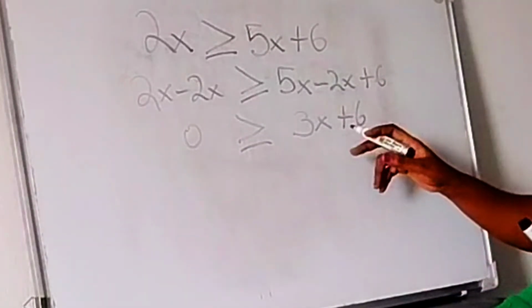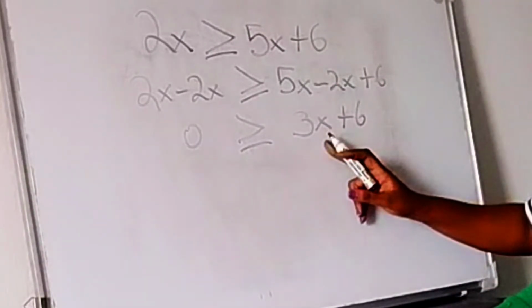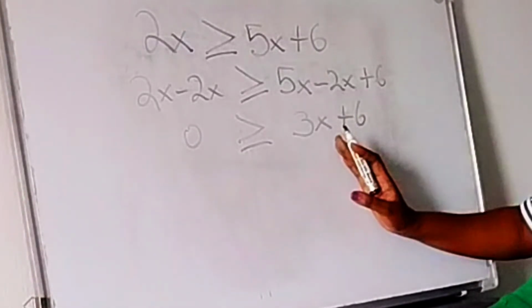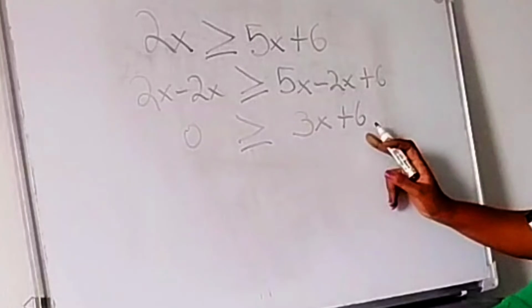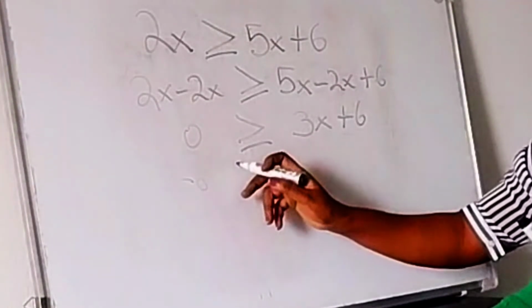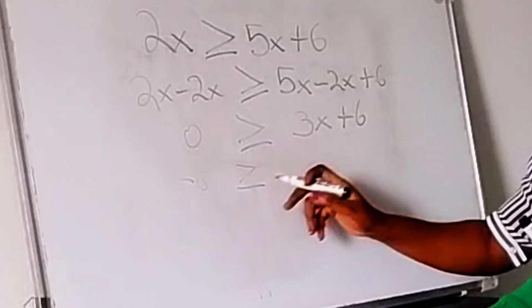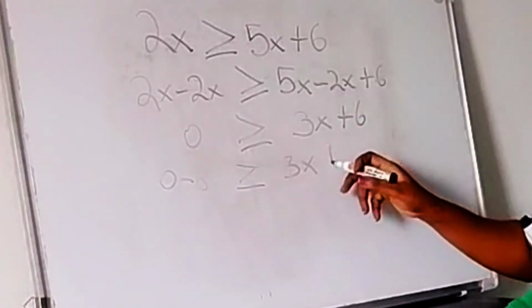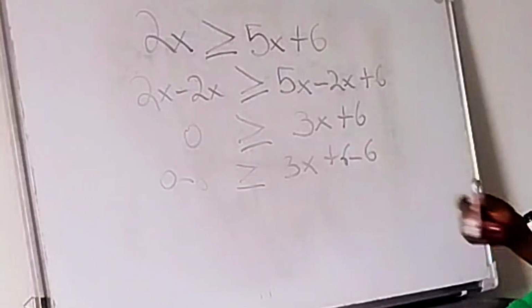So we want only x to be on one side, whichever side. So we're going to subtract 6 from both sides. So we have minus 6. 0 minus 6 is equal to 3x plus 6 minus 6.